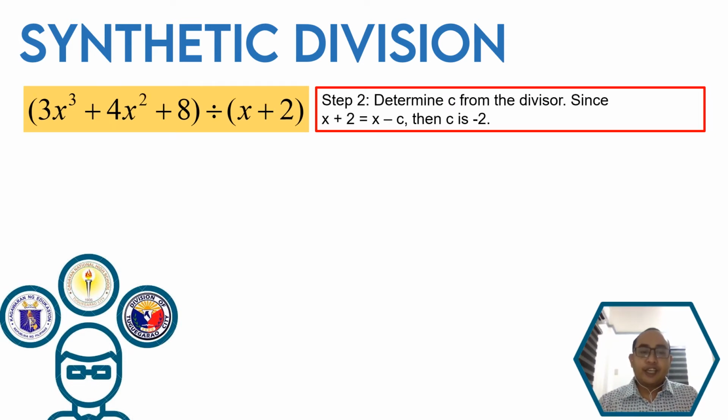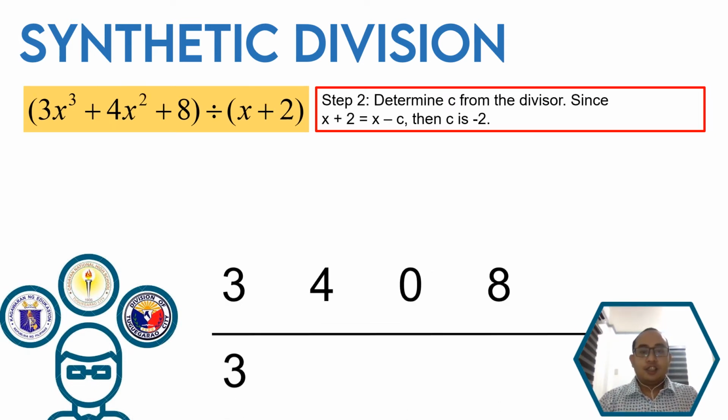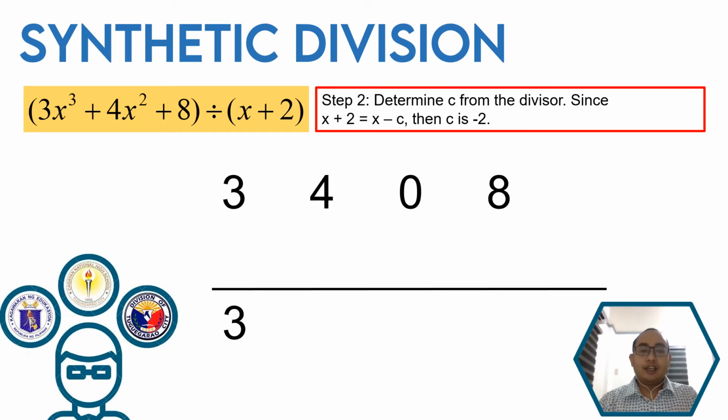Okay, so after writing the coefficients and bringing down the leading coefficient of p of x, we are now ready to determine the value of c from the divisor. So notice that the divisor is x plus 2, and if you equate that with x minus c, the standard form of the divisor for this particular topic of synthetic division, then c must be equal to negative 2.